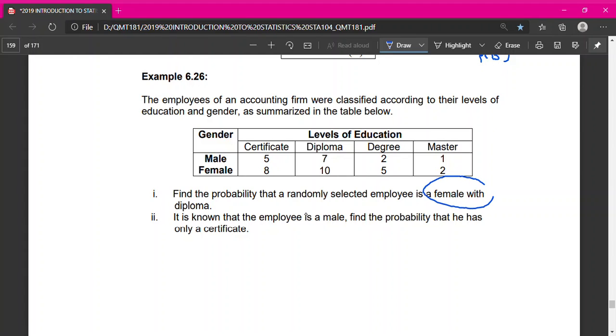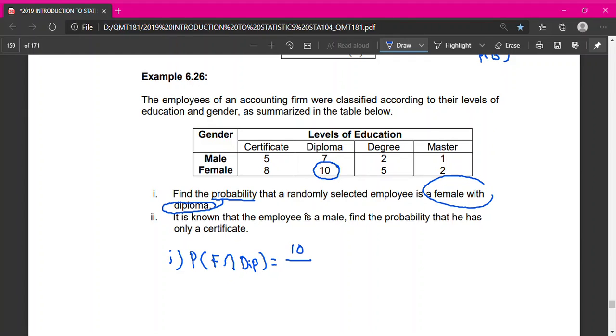Female with a diploma, which is 10. Tapi dia nak you cari probability. Kalau 10 ni bilangan sahaja, nak cari probability, so you kena divide dengan sample size. Kat sini female with diploma, maksudnya female intersect diploma, which is 10.